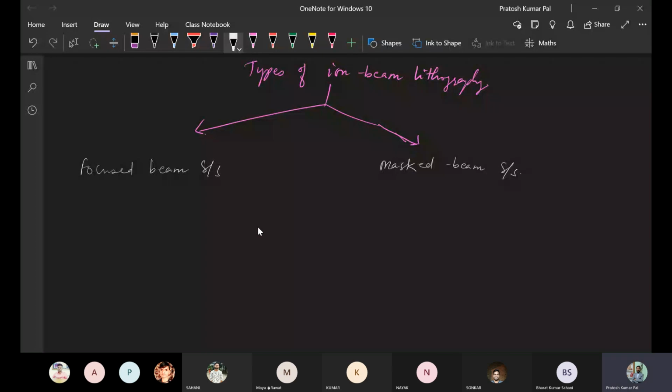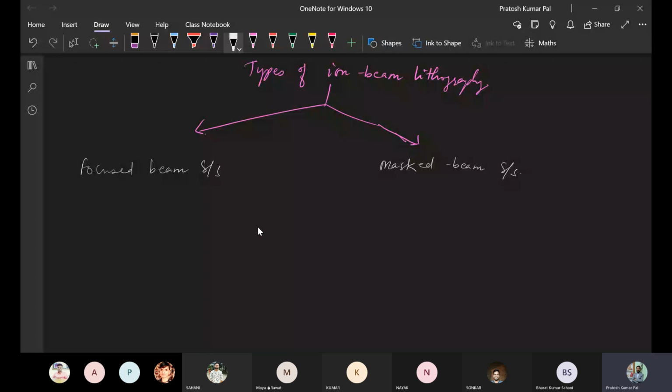Along with that, for the movement of these ions, we can implement electrostatic or magnetic type of lenses. But electrostatic lenses are used more as compared to magnetic lenses, because the electrostatic type of system provides better beam movement as compared to the magnetic type of lenses and magnetic detectors.